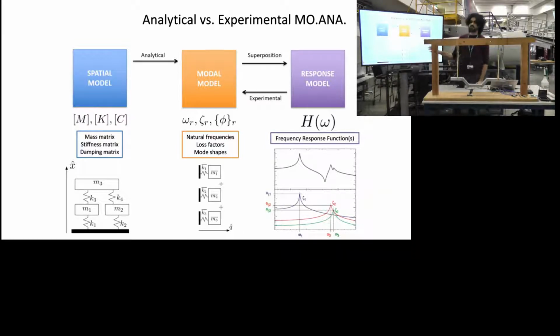So ideally, if you want to compare your FE model with your real structure, you have to do this in the modal space, because there is no way, as you can see, to measure the curves and back up these matrices, which you might want to compare. So the only comparison can be done in the modal space.